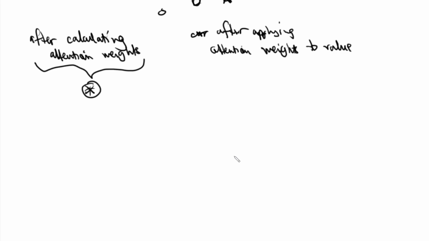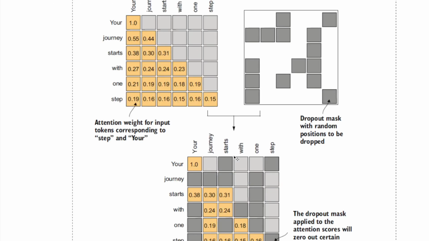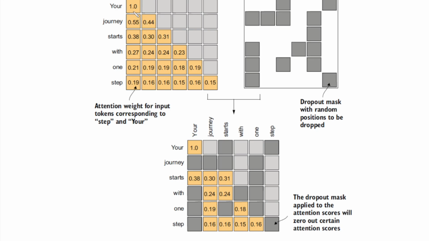So let me see if I can get an image that explains this. Perfect. So this will work. You remember we had our masked attention weights like this. Let me just change from the pointer to this. You remember we had our masked attention weights here.